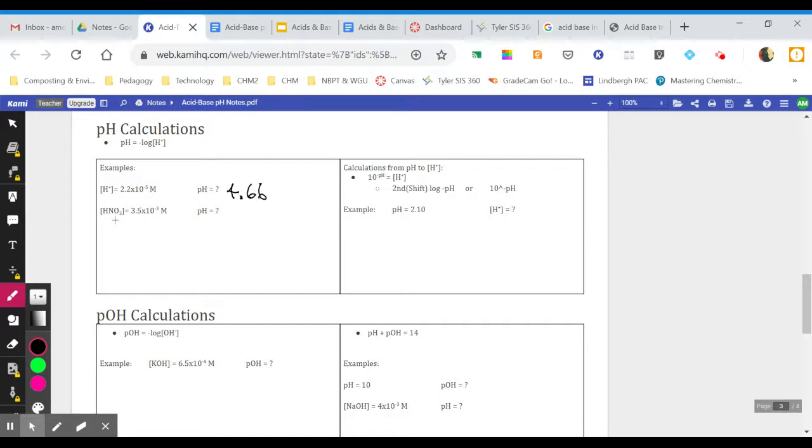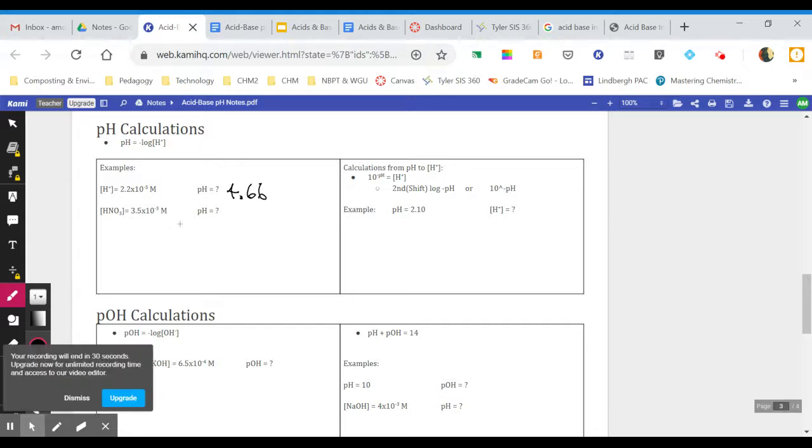We're still going to do the calculation the same way. And so negative log of 3.5 times 10 to the negative 3, we end up with 2.46. And we can also do these calculations backwards, and I'll start that in part 2 of this video.